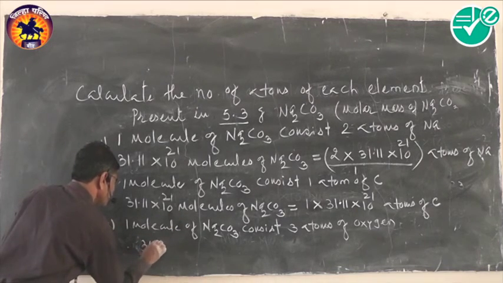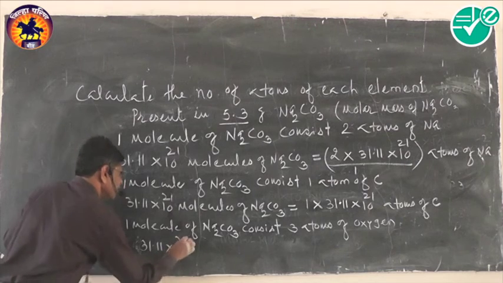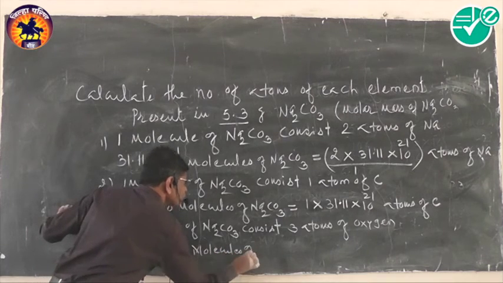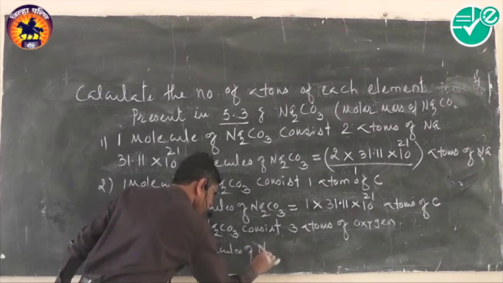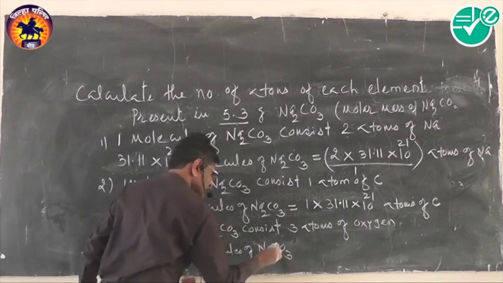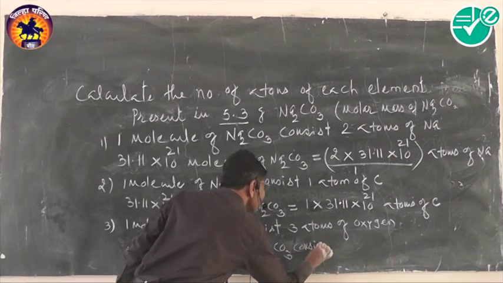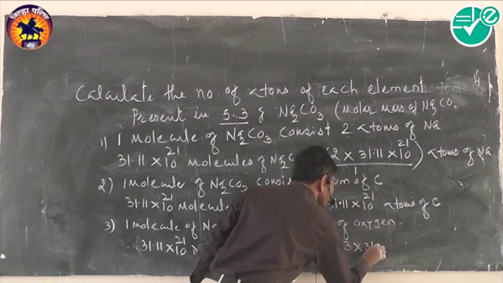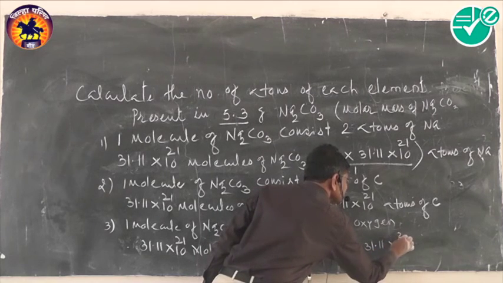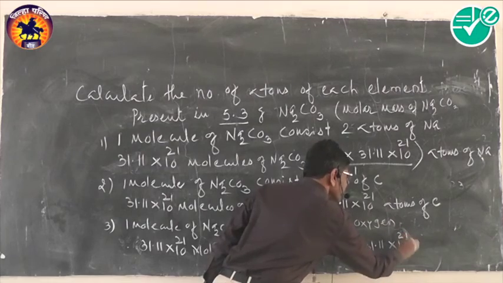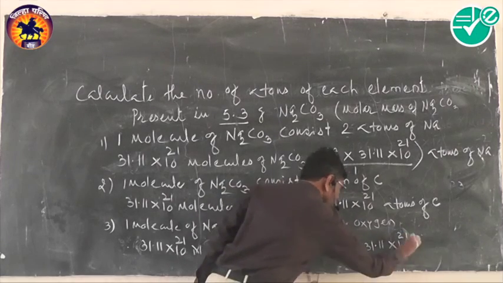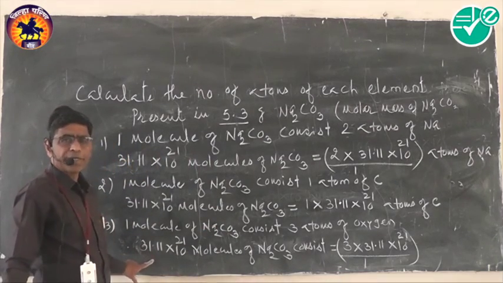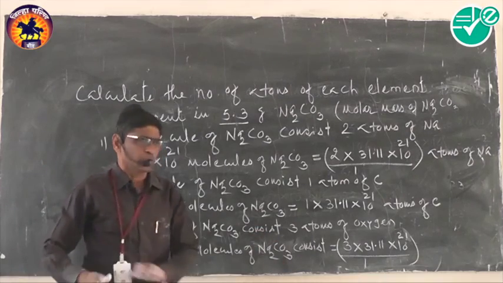Then 31.11 into 10 raised to 21 molecules of sodium carbonate consist of how many atoms? 3 multiplied by 31.11 into 10 raised to 21 divided by 1. So these are the total atoms of oxygen present in these 31.11 into 10 raised to 21 molecules of sodium carbonate.